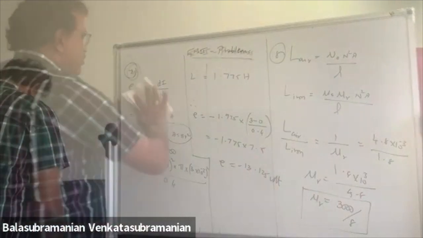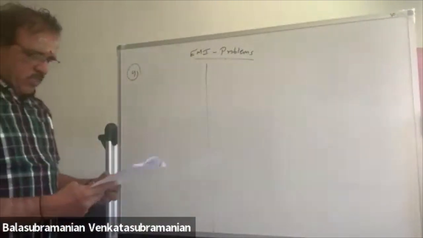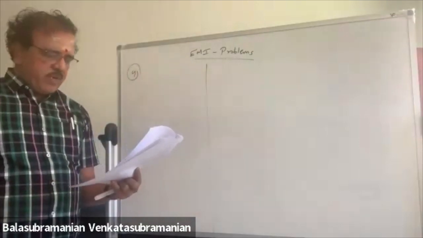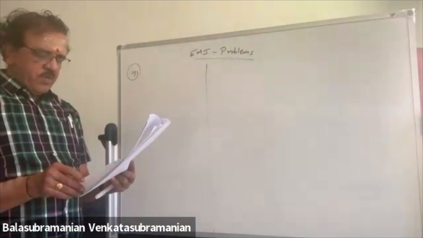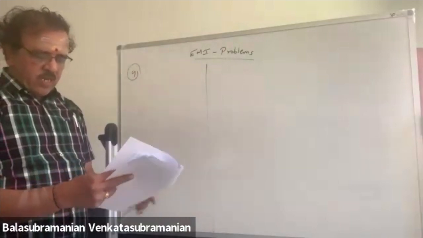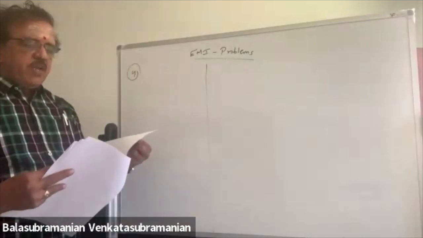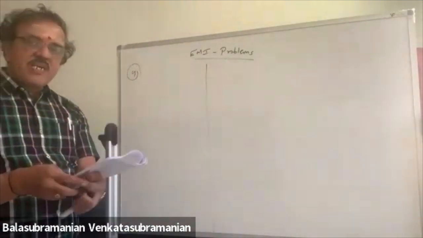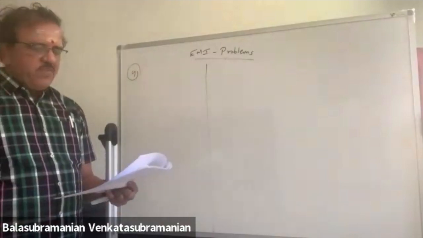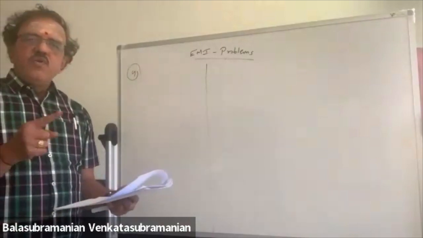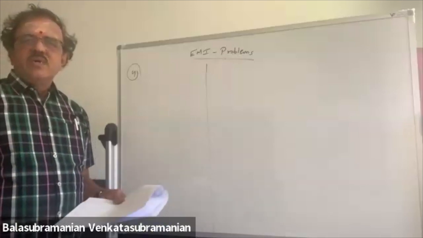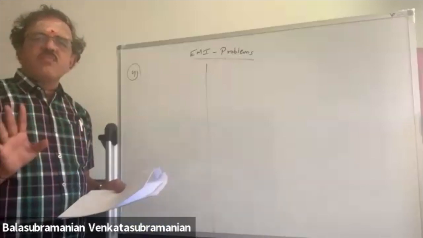Ninth problem. The current flowing in the first coil changes from 2 ampere to 10 ampere in 0.4 seconds. Find the mutual inductance between the two coils if an EMF of 60 millivolt is induced in the second coil. Also calculate the induced EMF when the current changes from 4 ampere to 16 ampere in 0.03 seconds. Actually, it is a single formula only.